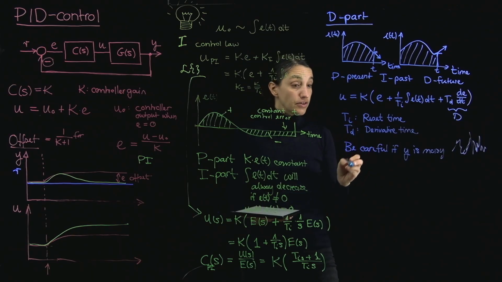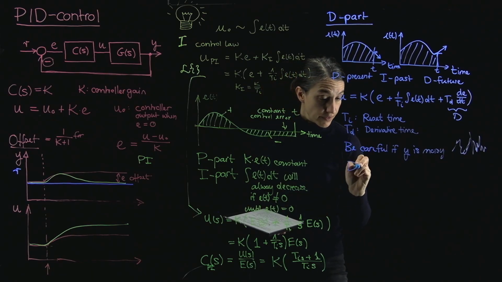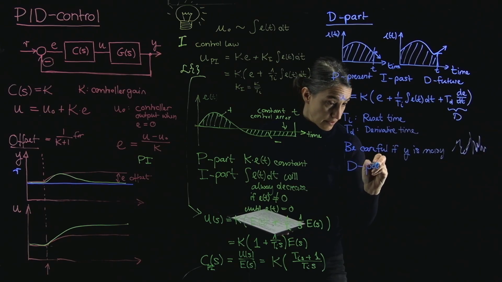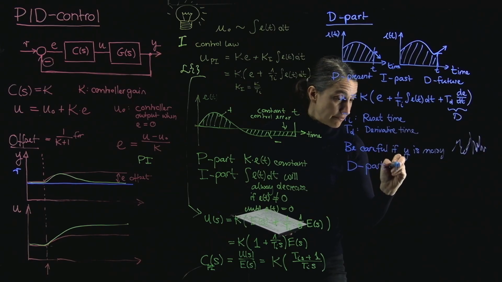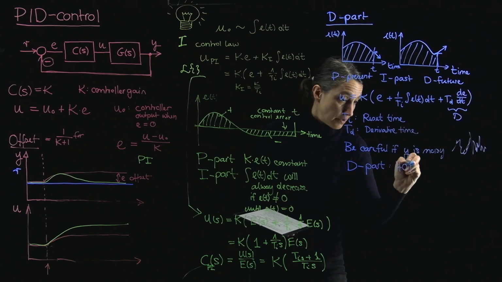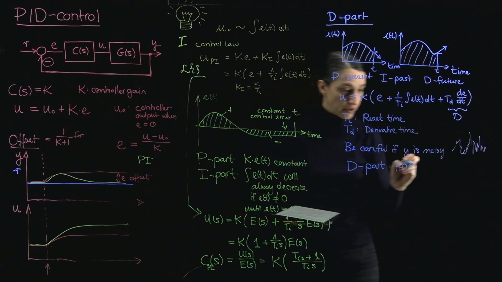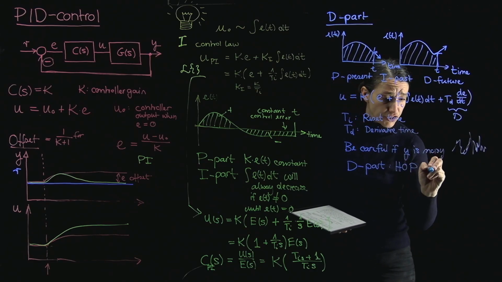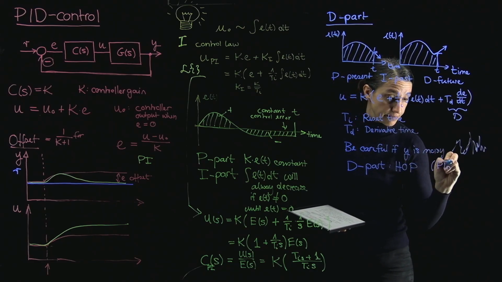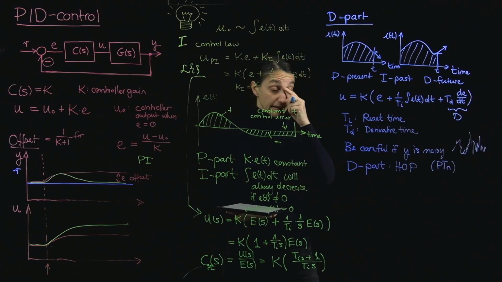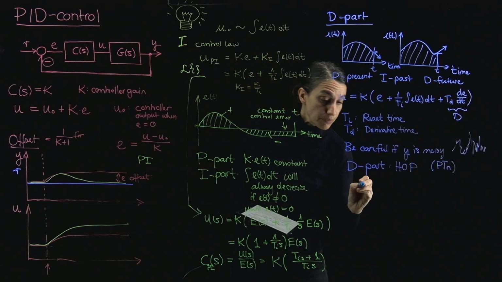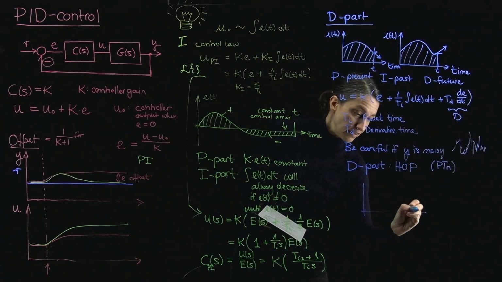What I also want to tell you is that the D part works best if you have higher order processes. I'm writing down HOP, higher order processes. In German we call them PID Introduction. And for those, the step response looks something like this.